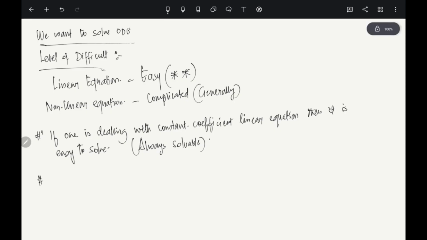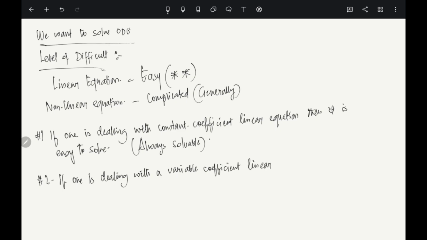Now this is 1, this is 2. If one is dealing with a variable coefficient linear equation, then things are a little complicated, and in some cases are solvable.